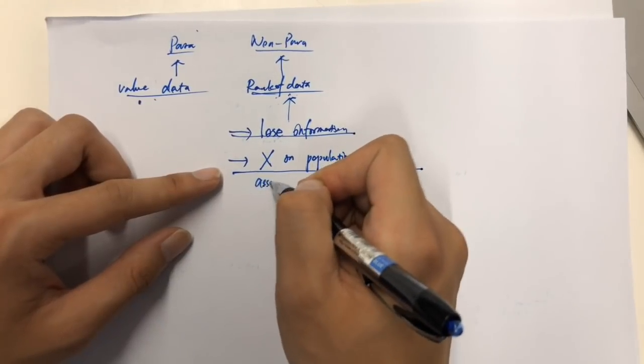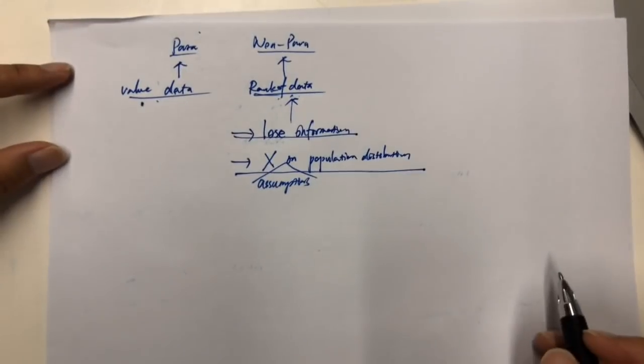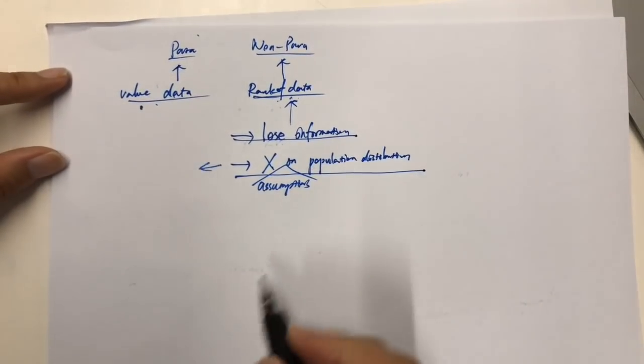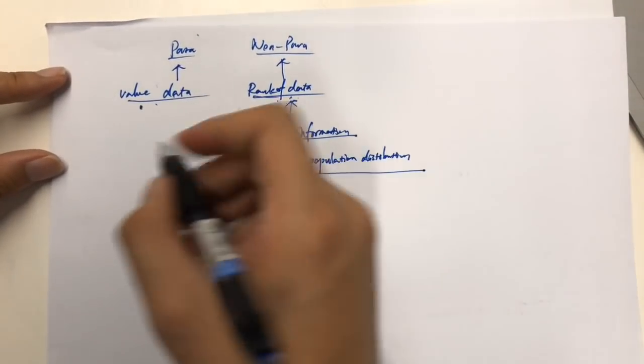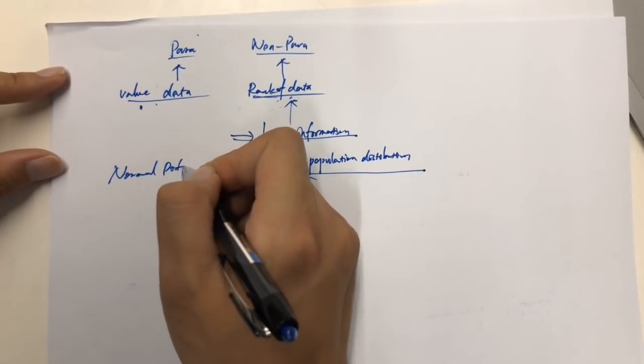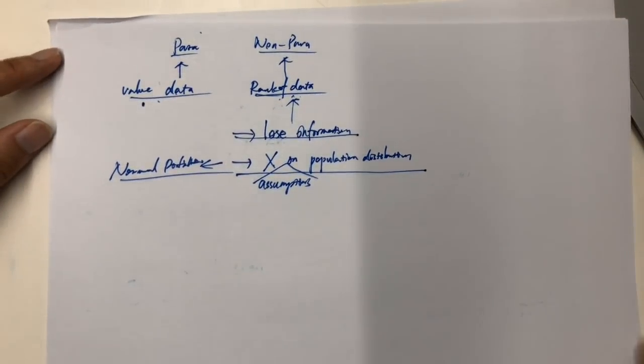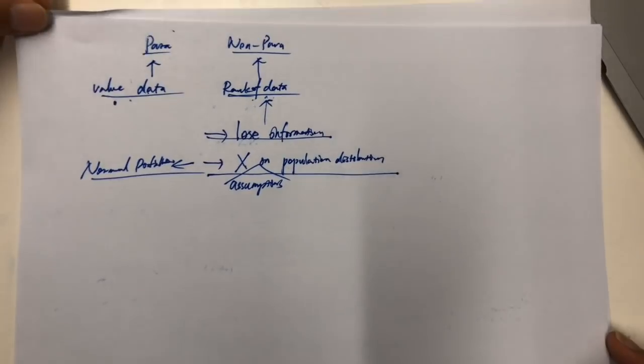But for parametric tests, we always need to assume the population at least follows a normal distribution, okay?